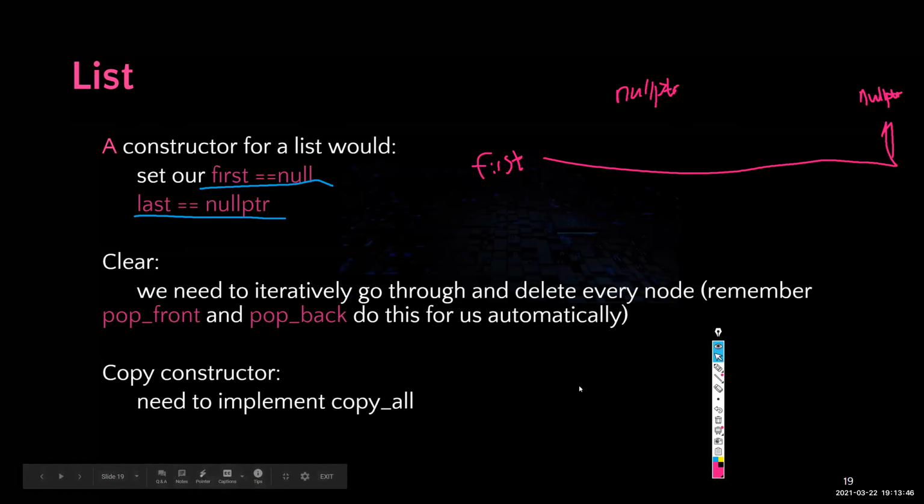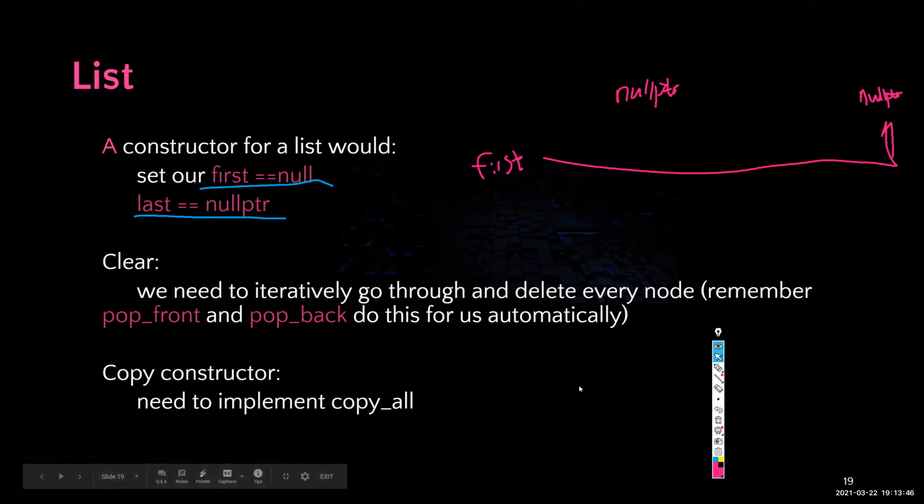We want to keep calling this until first points to null pointer. When does that actually happen? That's going to happen once we pop one more time. First now points to this, and we pop one more time. Remember our function pop front: we update first to be our node's next.